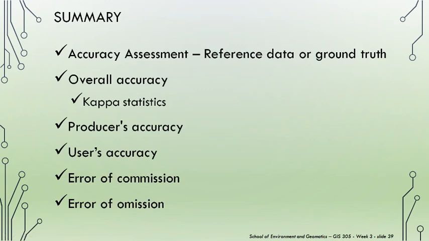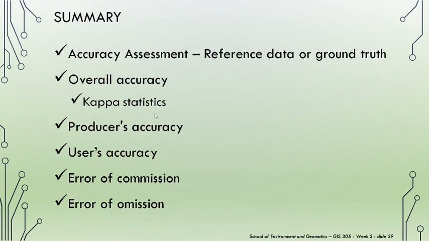And as a quick summary of the language that we should remember for accuracy assessment: accuracy assessment absolutely requires reference data or some kind of ground truth. That's a key point. Your overall accuracy can be given by just your percentage of accurate classifications, or kappa statistics.